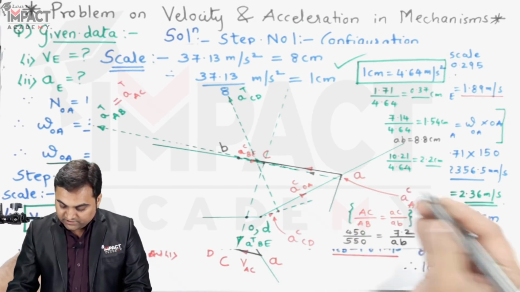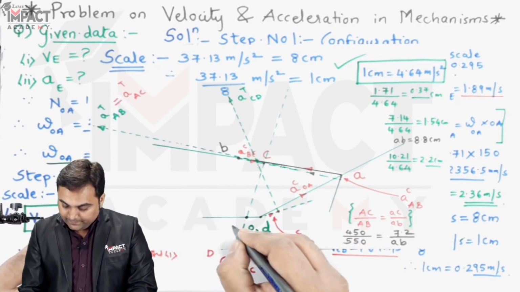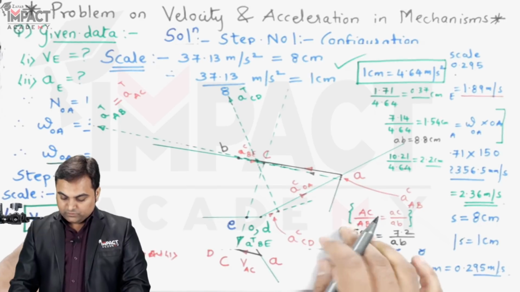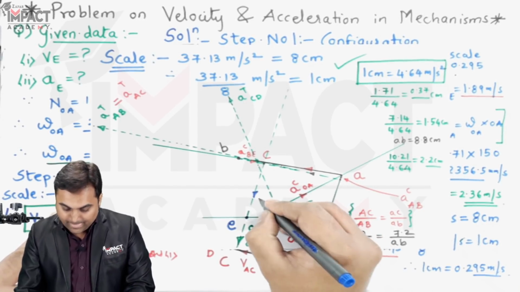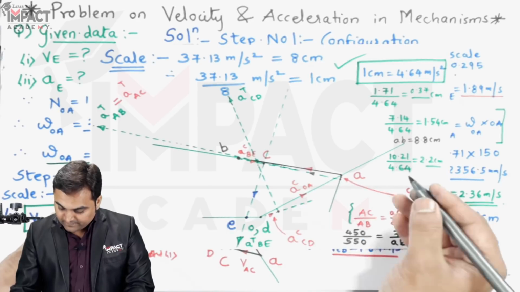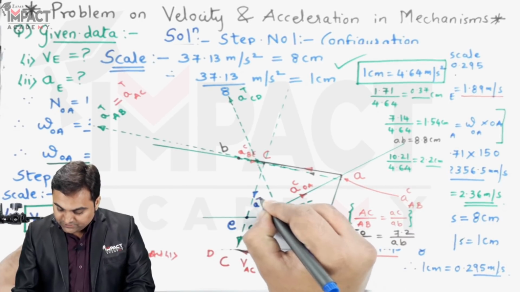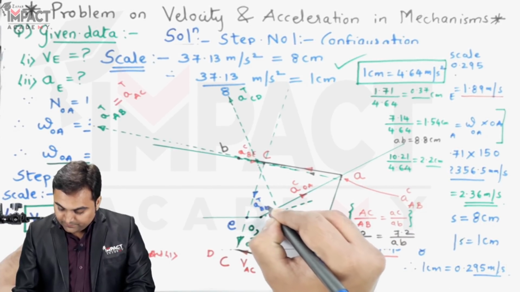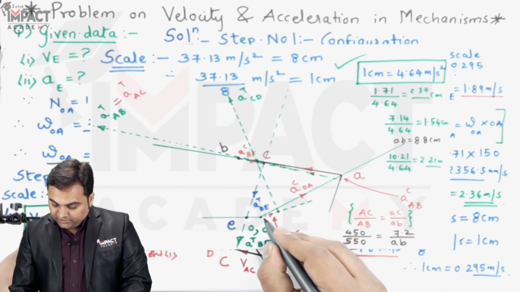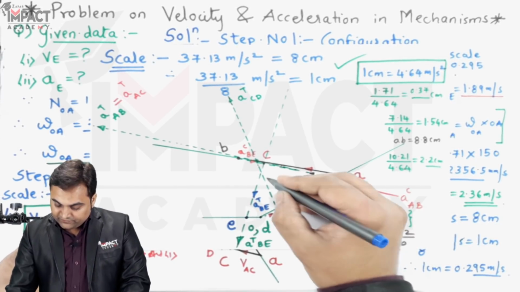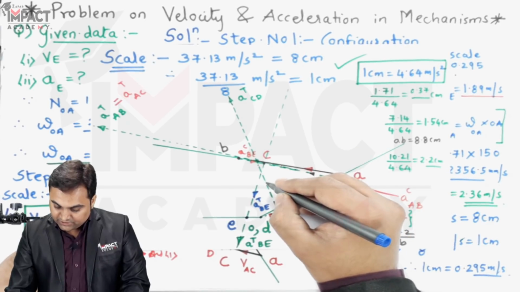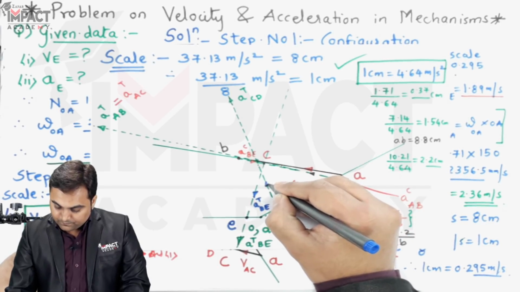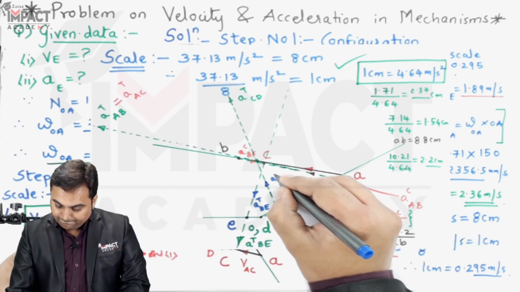And where it cuts this line, here I am going to get point E. So this is the tangential acceleration for link BE. Similarly, here we had the centripetal acceleration of CD, and here we have the tangential acceleration for link CD.